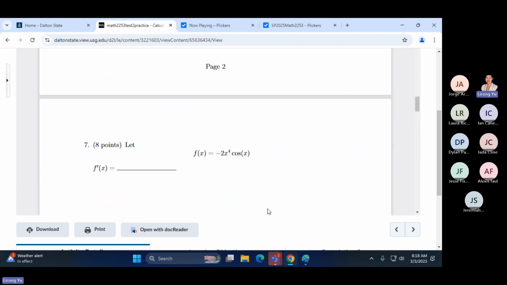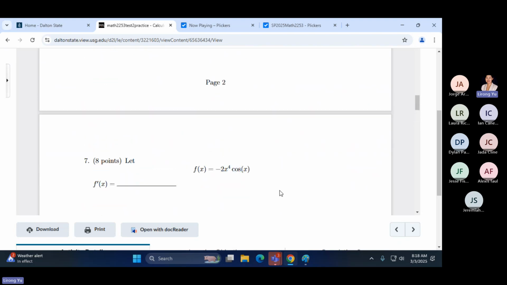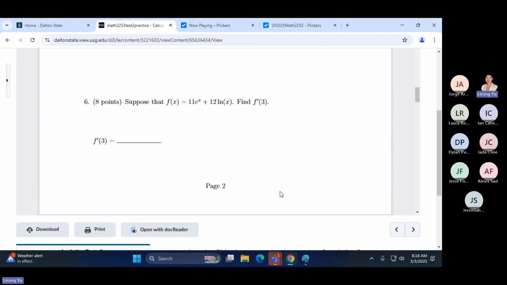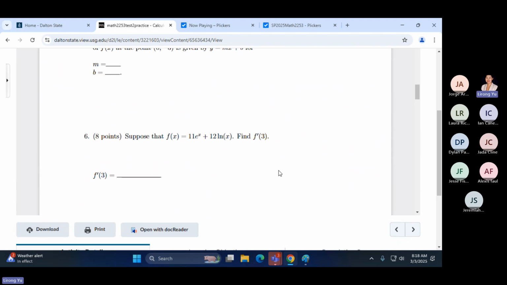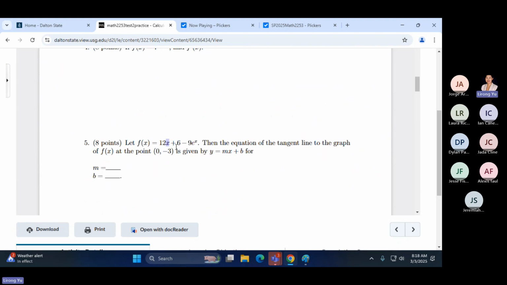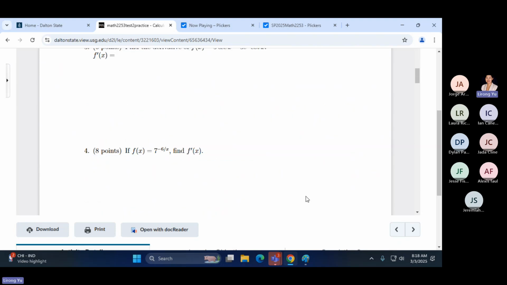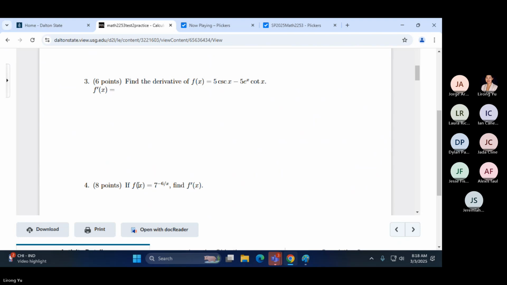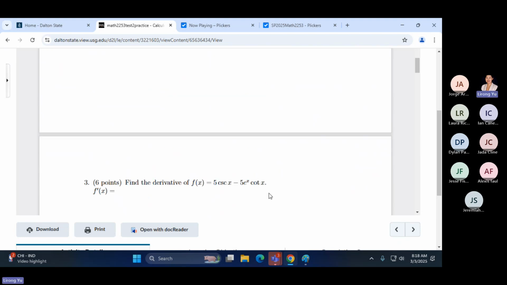Multiplication is also 2.4, for the product rule, and those are formulas. In 2.3, you have to remember the formula for how to define the derivative of a logarithm and how to find the derivative of the exponential function. That's also from that section. This is also a derivative of an exponential function.